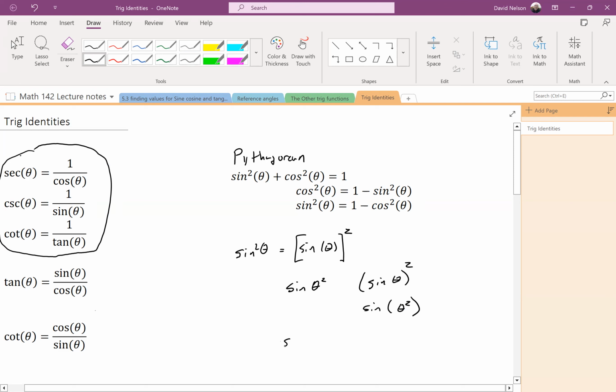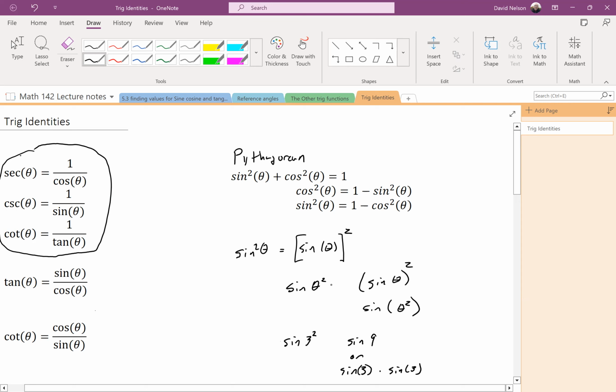So if you're looking at the sine of 3 squared, is that going to be the sine of 9? Or do we mean sine 3 times the sine of 3? There's some confusion over that. And so we've gone to putting the little 2 on the inside here between the sine word and the theta. We do it with the cosine as well.